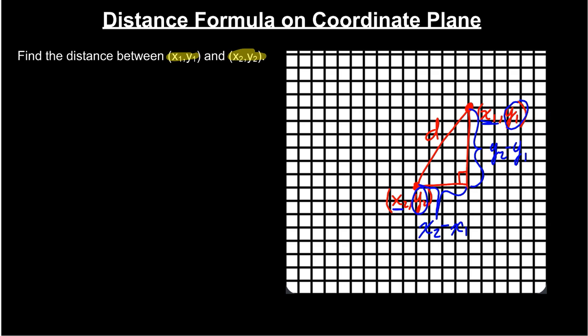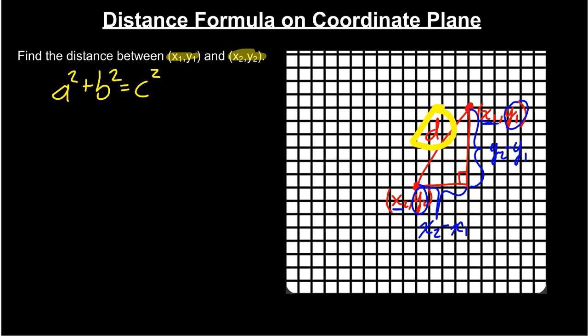All right, and the order in which we use it doesn't matter, because now we can use the Pythagorean theorem. All right, so Pythagorean theorem, a squared plus b squared equals c squared. All right, so let's go ahead and substitute. So what's by itself? D is by itself.